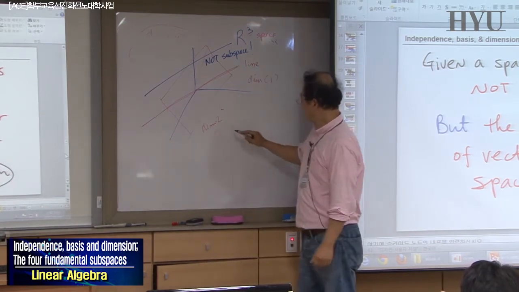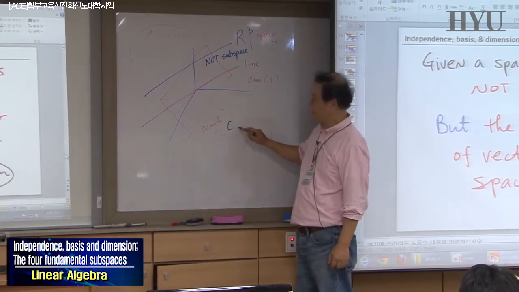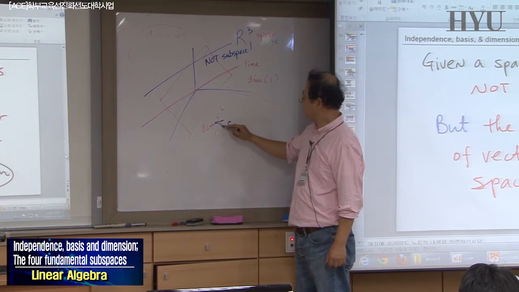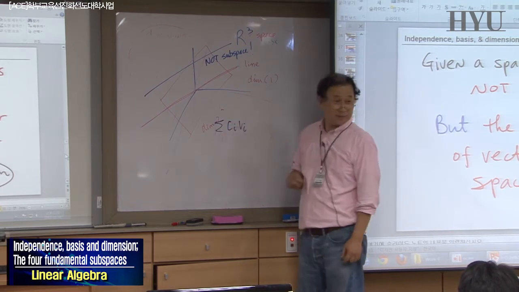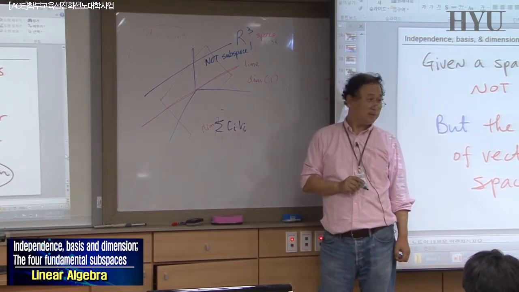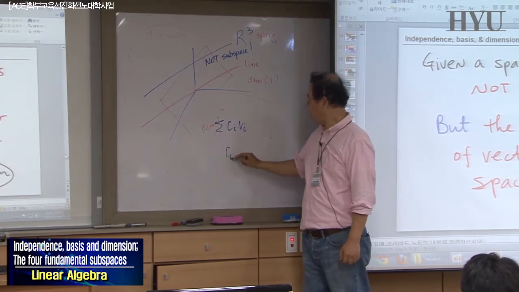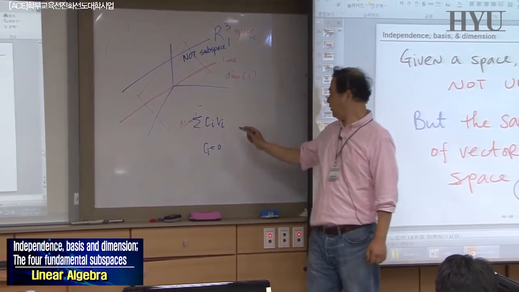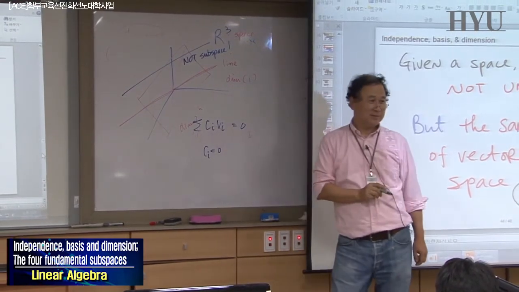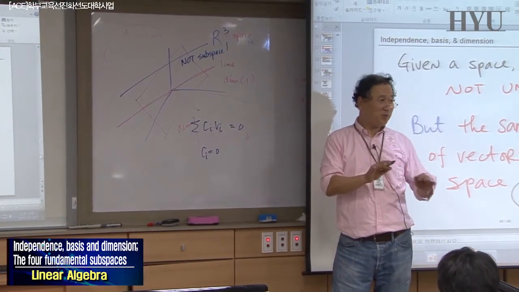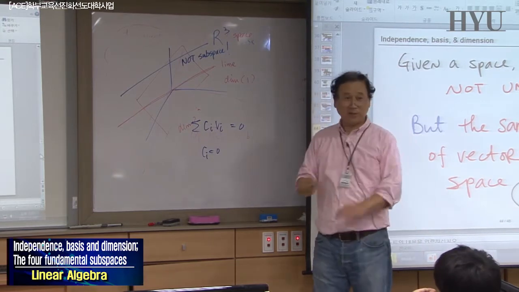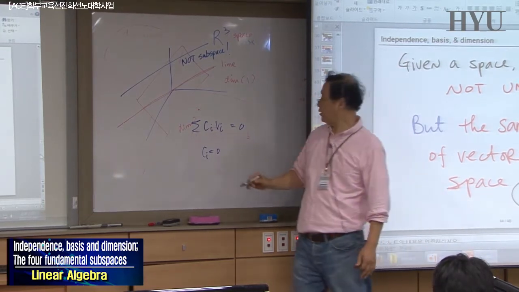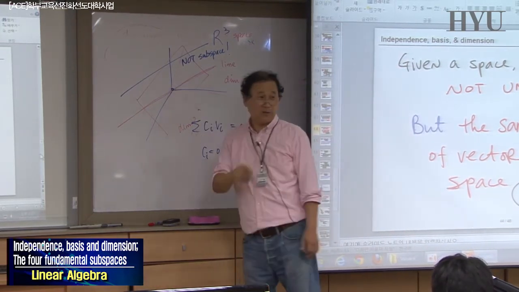Because this is just C, right? Basically, C_i times V_i, right? If we say all C_i are 0, then it has to be the 0 vector, right? Because we have to allow all C's to be 0. So that's why the origin point has to be included in a subspace.